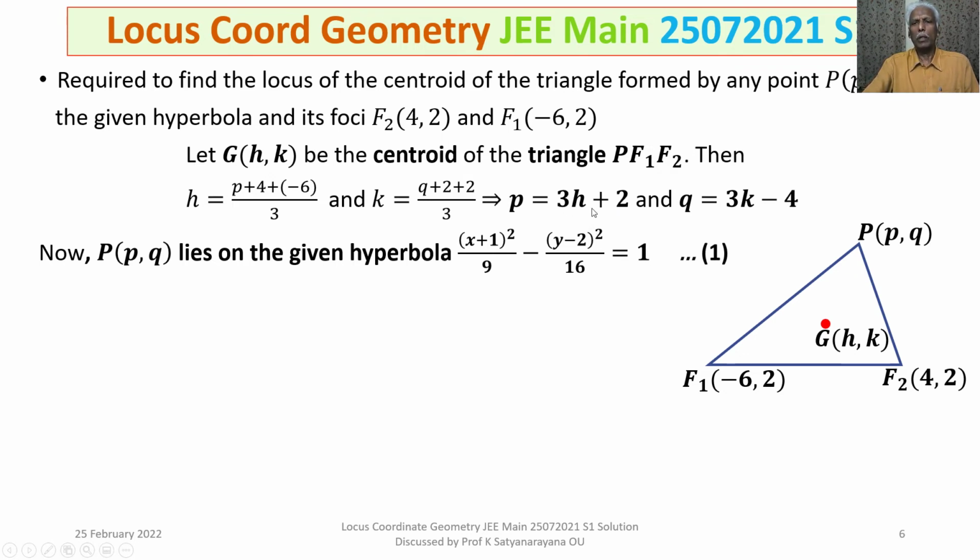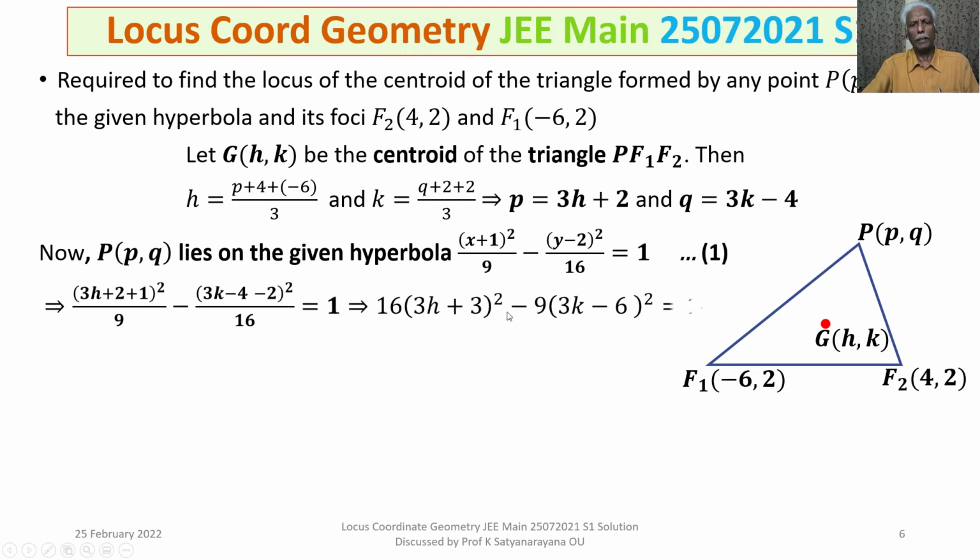Since p comma q lie on the given hyperbola 1, wherever there is x, you substitute 3H plus 2, and wherever there is y, you substitute 3K minus 4, because p comma q lies on this hyperbola. So we substituted and simplified, we get 16 times, taking LCM, 3H plus 3 whole square simplified in the bracket, minus 9 times 3K minus 6 whole square is equal to 144.